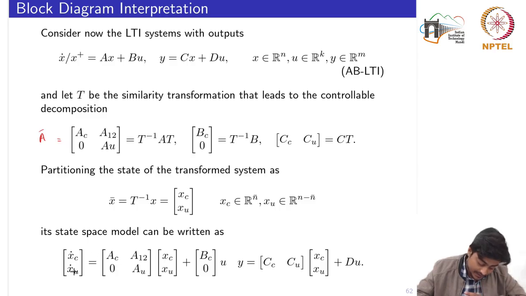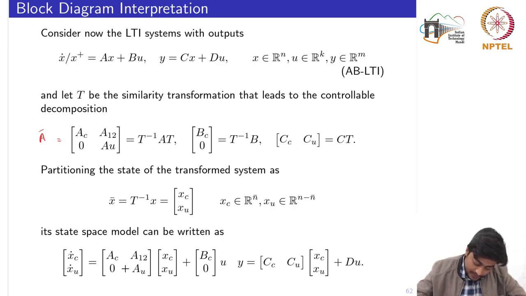Why? Because in that case x u is being influenced by x c and x u, where x c itself is being influenced by U. So this could be, loosely speaking, an indirect control of the x u, right?